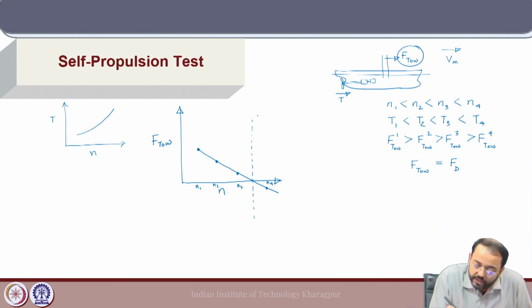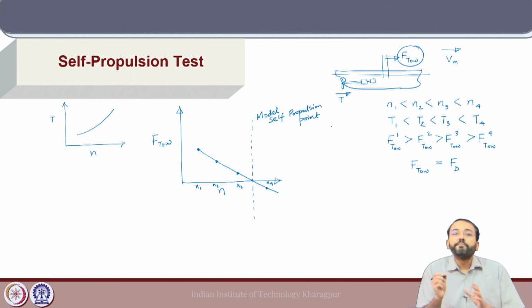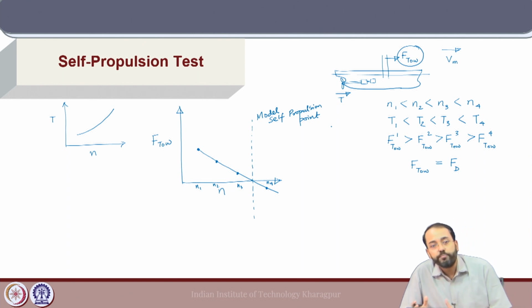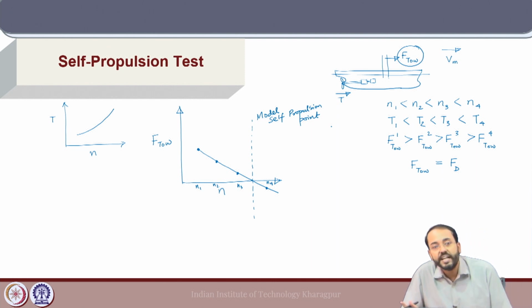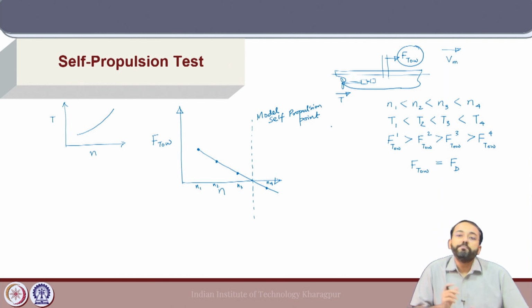That is the model self propulsion point. That means the model itself is self propelled. But it is very important to remember that this is not the ship self propulsion point that we are interested in, because the ship powering has to be done in the ship self propulsion point.